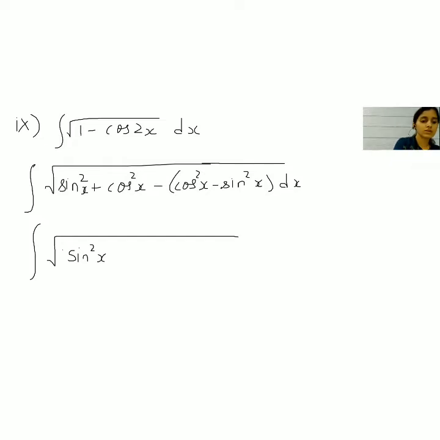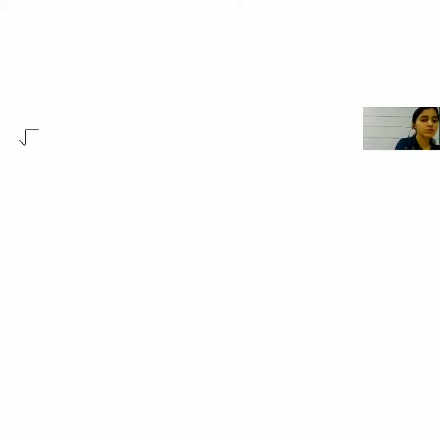So we can write this as 2 sin square x dx, which would be integration of root 2 sin x dx. Root 2 is a constant, so it will come out. So we say root 2 integration of sin x dx, simple.